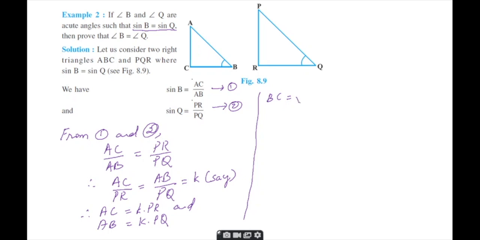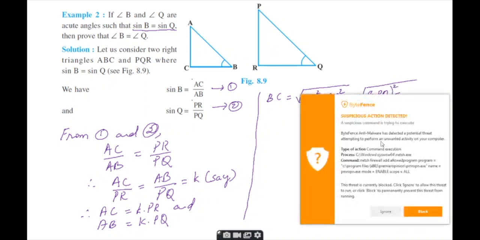So BC is equal to square root of AB square minus AC square, which is equal to square root of, what is AB? We have K PQ. K PQ whole square minus AC.